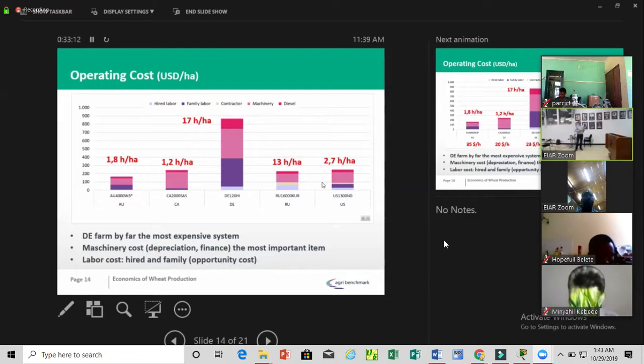And when you ask me why is Russia so high, even though they have a relatively extensive system, the problem is low labor productivity.